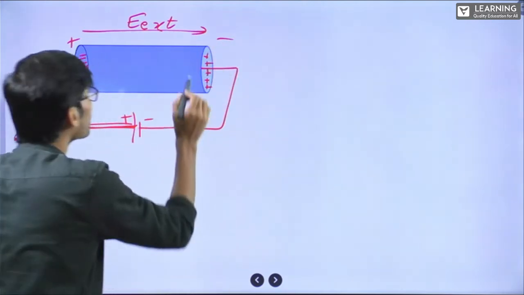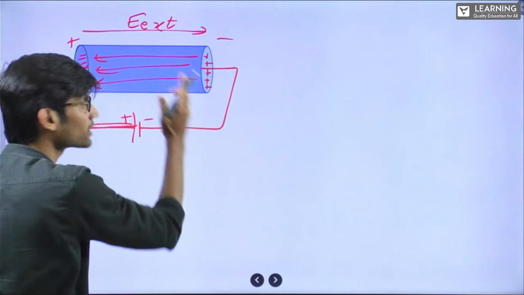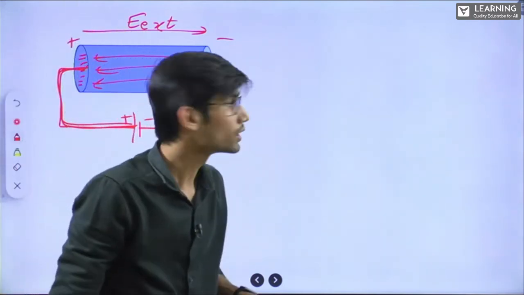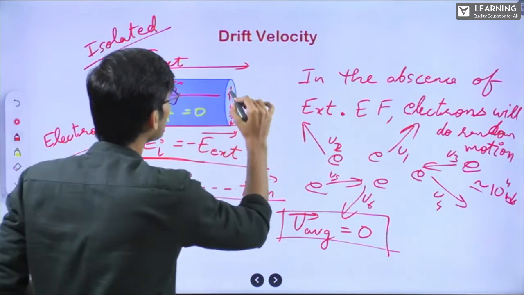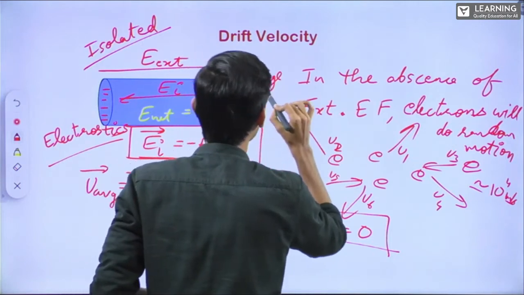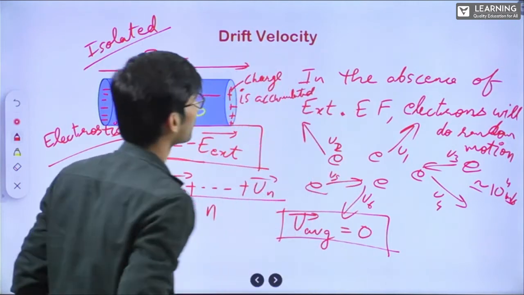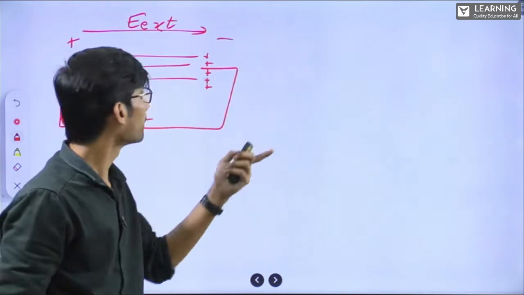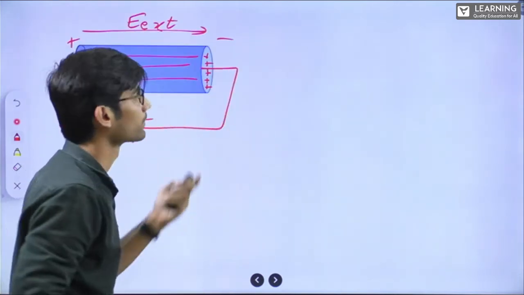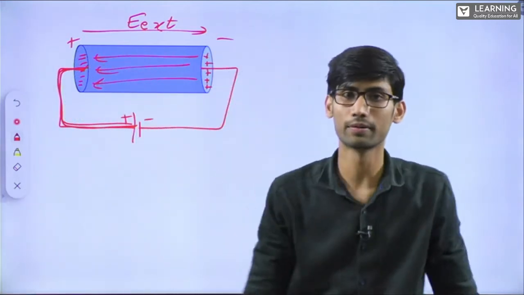Because of which, see, the electric field which was induced inside was due to this positive accumulation and this negative accumulation. Correct? Here, if you see, charge is accumulated. But here the charge which was accumulated is no more accumulated.